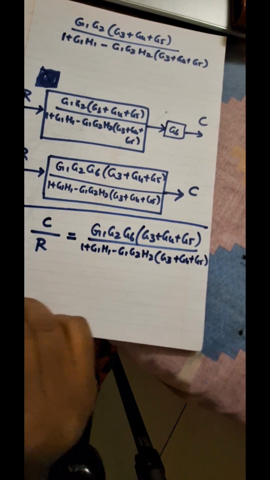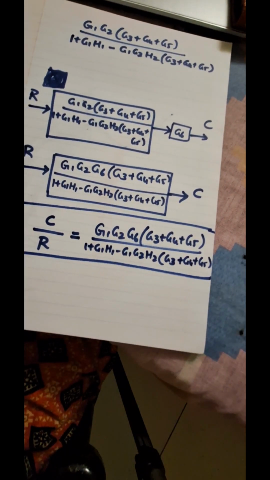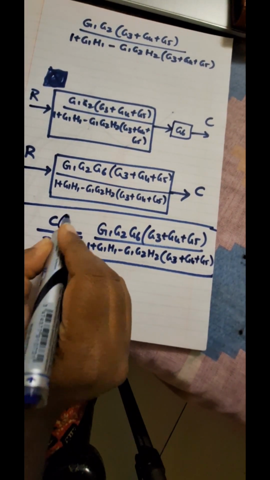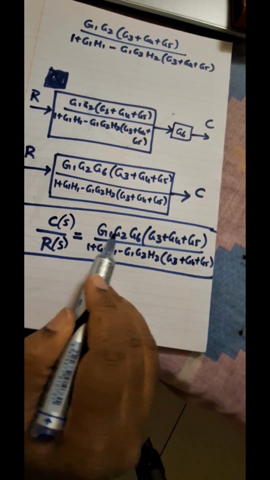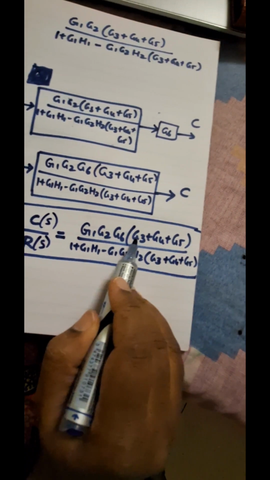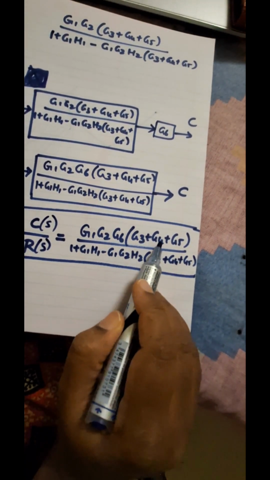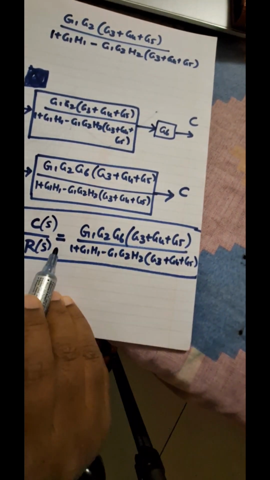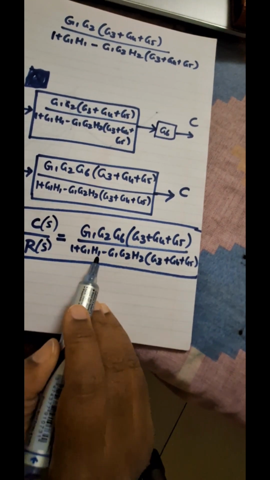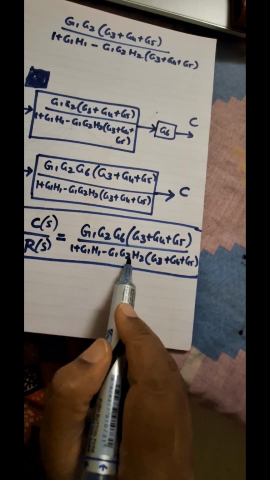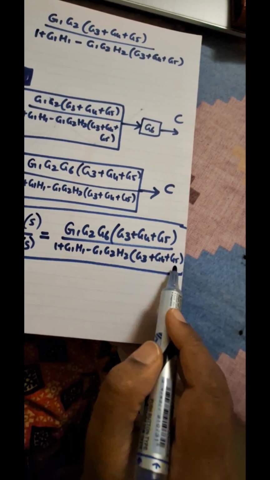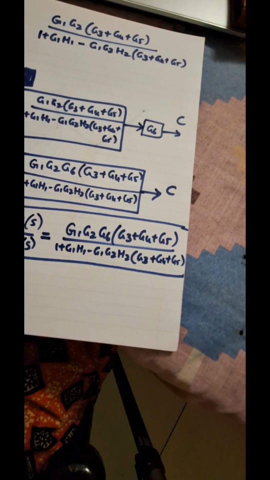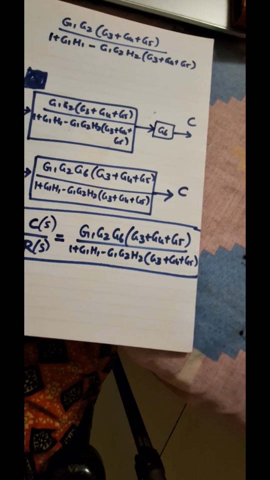So this is our final answer. You should write it as C of S by R of S is equal to G1 of S, G2 of S, G6 of S into (G3 of S plus G4 of S plus G5 of S) by 1 plus G1 of S, H1 of S minus G1 of S, G2 of S, H2 of S into (G3 of S plus G4 of S plus G5 of S). Usually that should be your final answer.